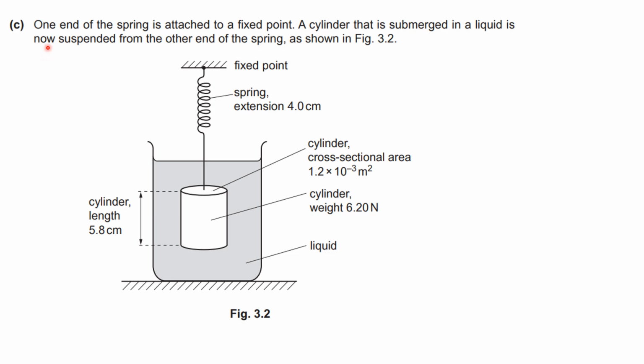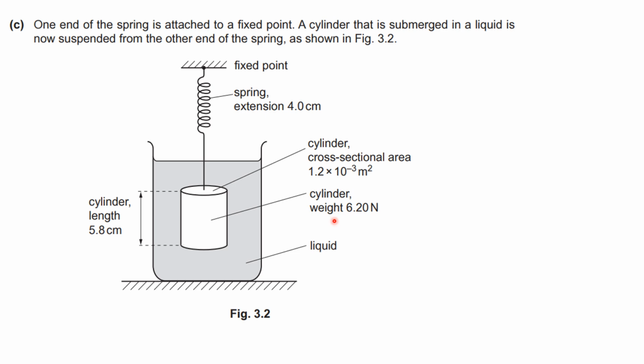Question C. One end of the spring is attached to a fixed point. A cylinder that is submerged in a liquid is now suspended from the other end of the spring, as shown in this picture. It gives the spring an extension of 4 centimeters. The cross-sectional area of the cylinder is 1.2 times 10 to the negative 3 square meters.